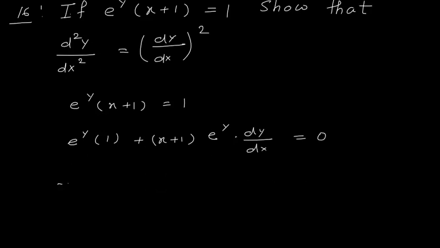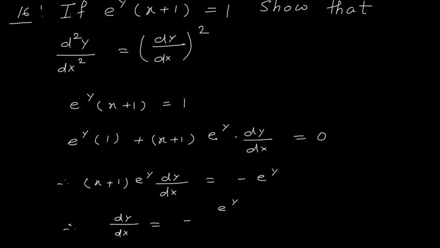So (x + 1) e^y dy/dx will become minus e^y, and therefore if I find dy/dx, it is minus e^y upon (x + 1) e^y.